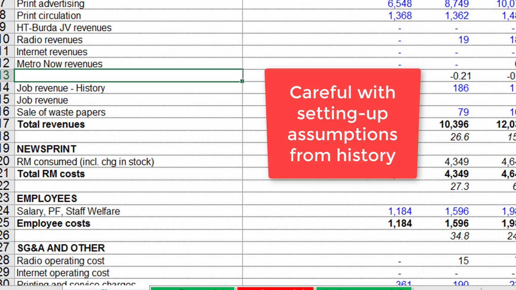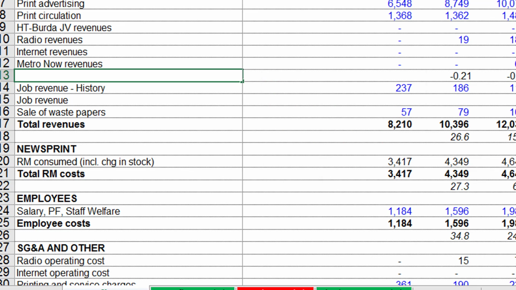And then we would have some assumptions. Job revenue assumptions. Okay, and we lay out that clearly, and then we have history and forecast.